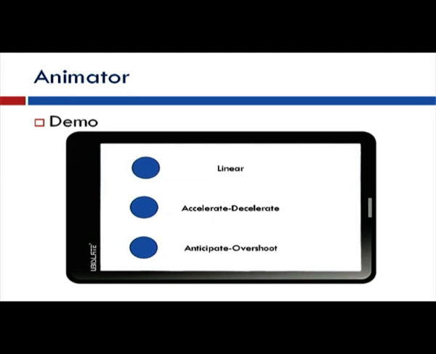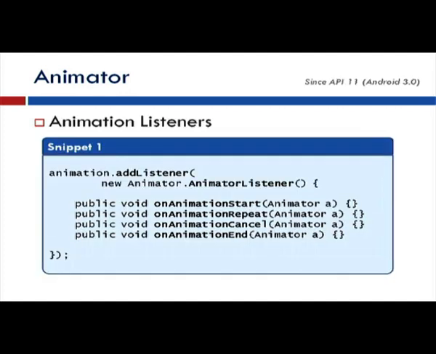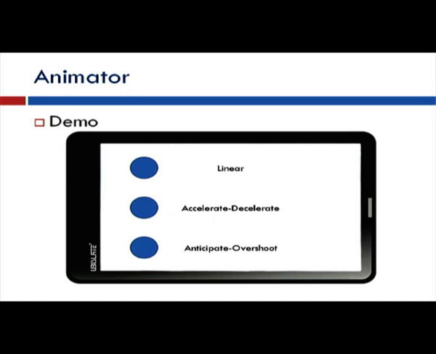However, in the accelerate and decelerate interpolator, there is a small speed up in between the start and end values. And in the anticipate and overshoot operator, the values go beyond the given range. For example, it goes a little bit behind and then a little bit after its specified values. In this way you can specify the interpolation.